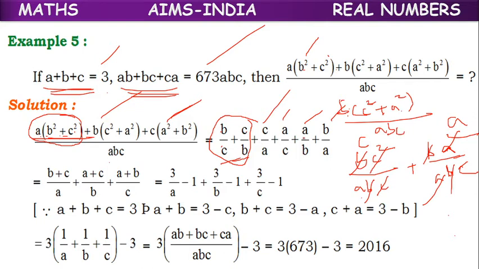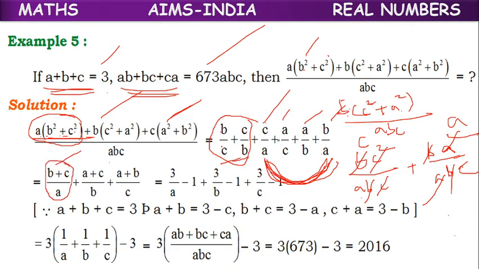Okay. Now same denominator. If we take these two, we have same denominator a. Here also a, here also a. Here c, here b. How can we combine these two? b plus c by a.